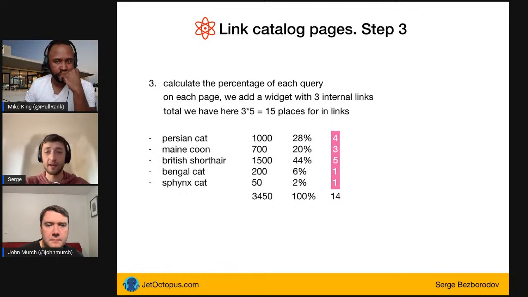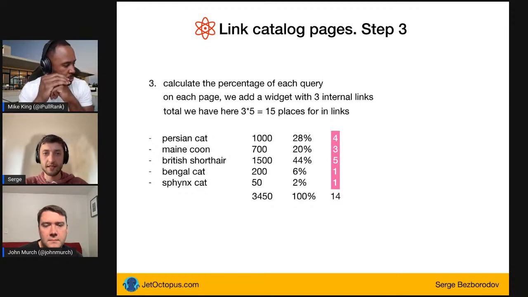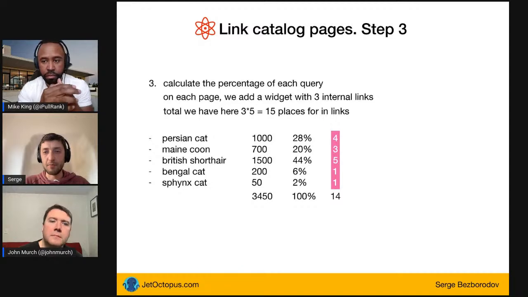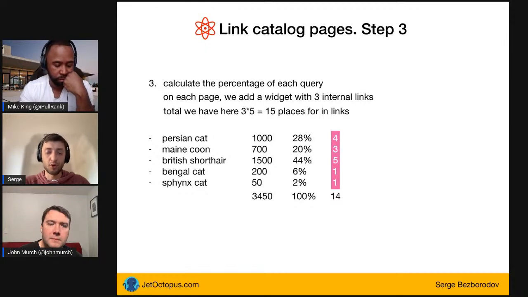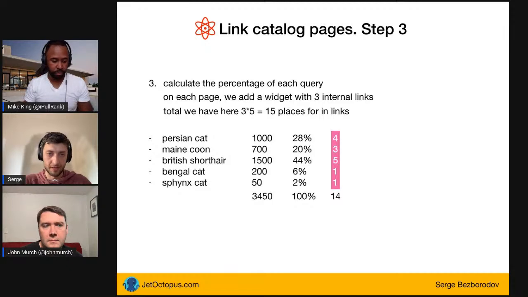British short hair should have at least 5 internal links pointing from the other pages within our cluster. Next going Persian cat, Maine Coon, and so on. And the number of internal links pretty well shows their difference. So the more important the page, the more inlinks it should have from other pages.